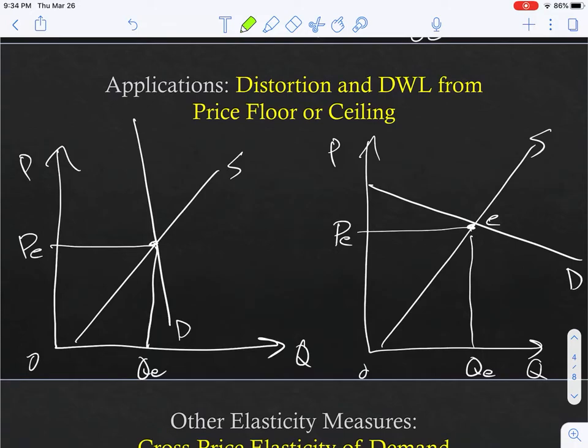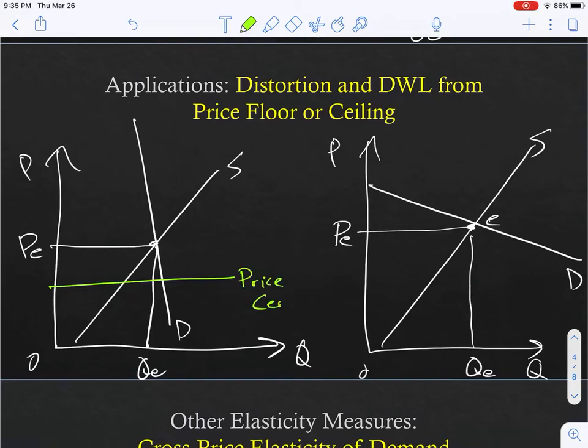For their own protection, people have bought up particular kinds of medical masks. And right now, because of the coronavirus, they are in high demand with hospitals, and that demand is expected to increase. So let's say that we put in a price ceiling, and we said it's illegal to charge a price any higher than this.